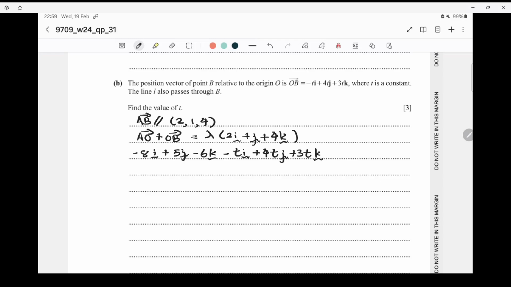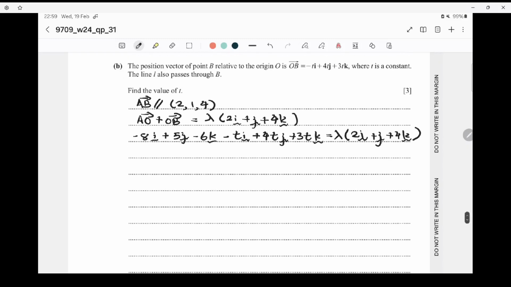So just need to make sure that I write the correct thing. That will be equal to lambda multiplied with 2i plus j plus 4k. So you just need to find the value of t. So you don't need to compare all the things. You can just compare i and j, for example.